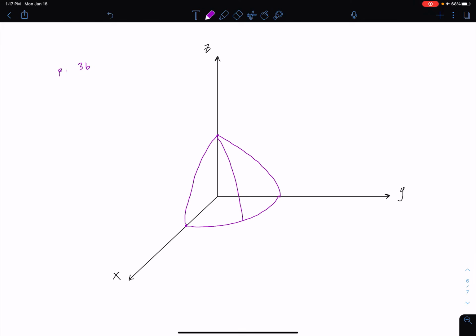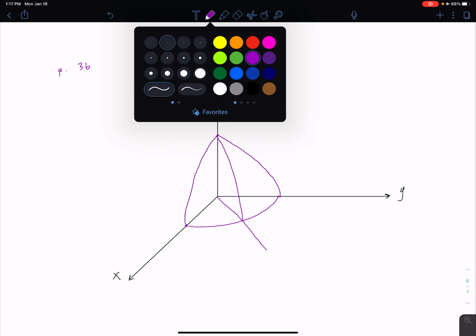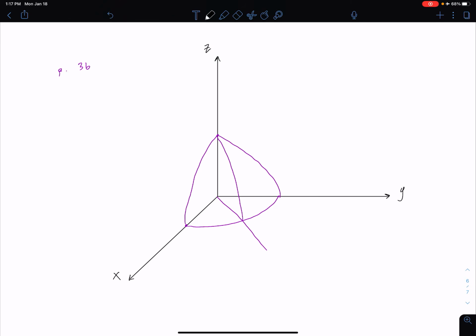So we have something that looks like this, and this line is going to be useful a little later on. But let's say I have a point that I want to define at some location here on our sphere. Let me put this over here. So this is P.